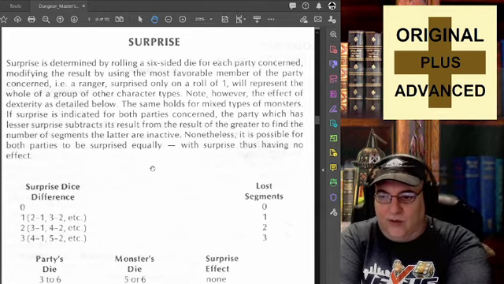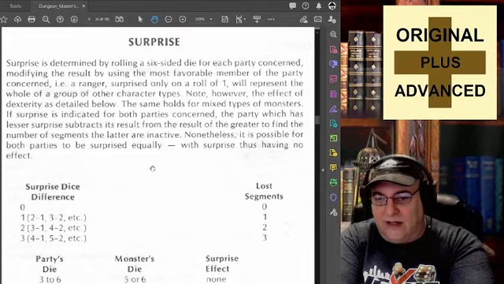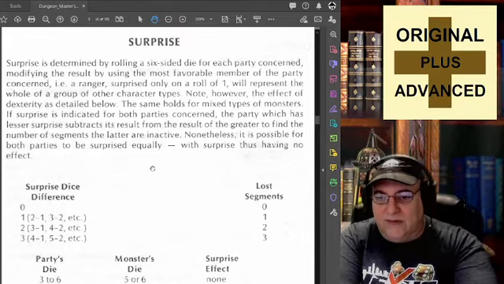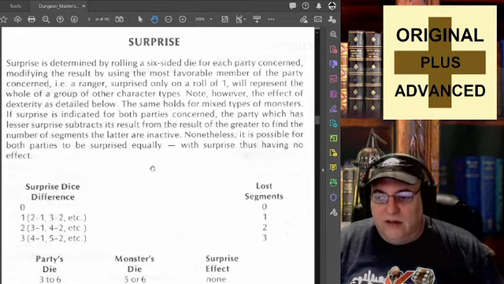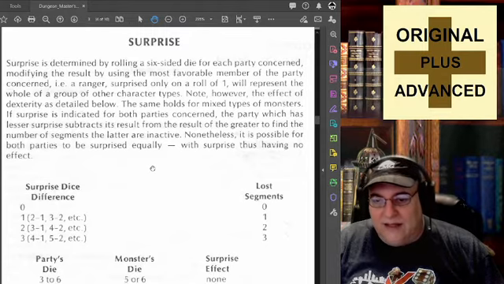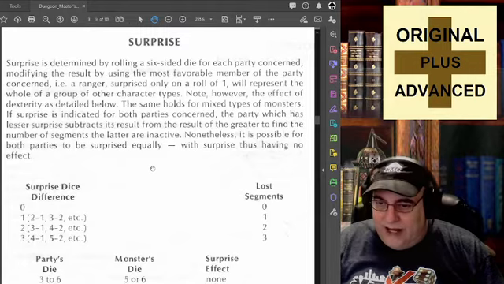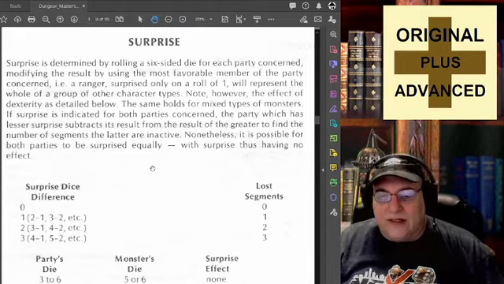Let's see. Ranger rolled a 1, represent the whole party. Note, however, the effect of dexterity as detailed below. The same holds for mixed types of monsters. If surprise is indicated for both parties concerned, the party which has a lesser surprise subtracts its result from the result of the greater to find the number of segments.